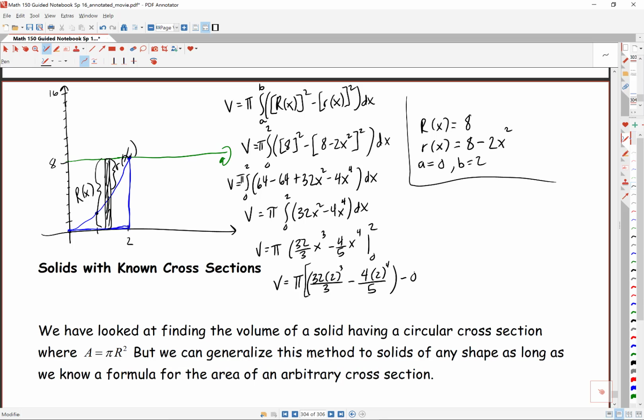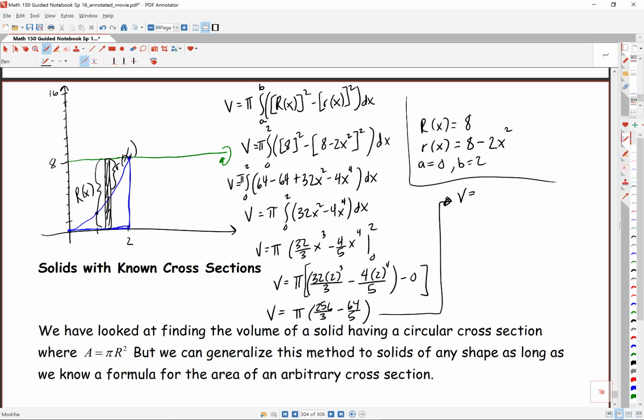And do you see that the lower limits will just be 0? Good. Okay. So we will get the volume is pi times, so 8 times 32 will be 256 thirds. And then minus, we'll have 16 times 4 is 64, and that'll be over 5.